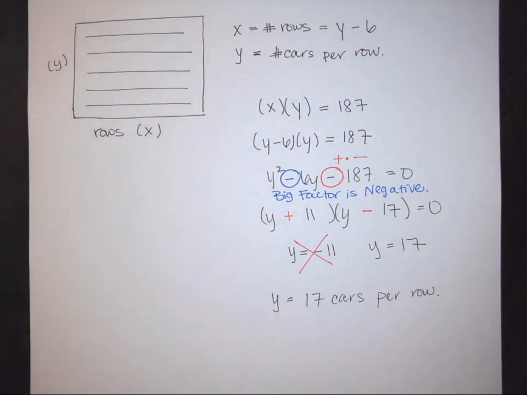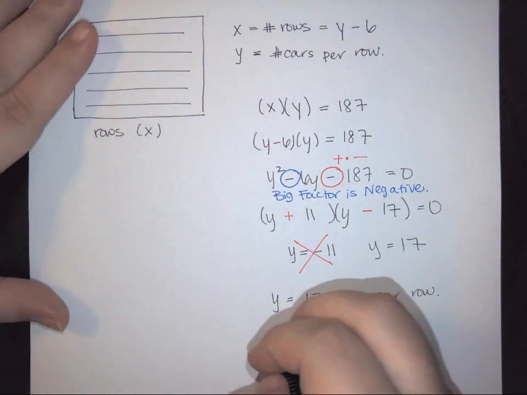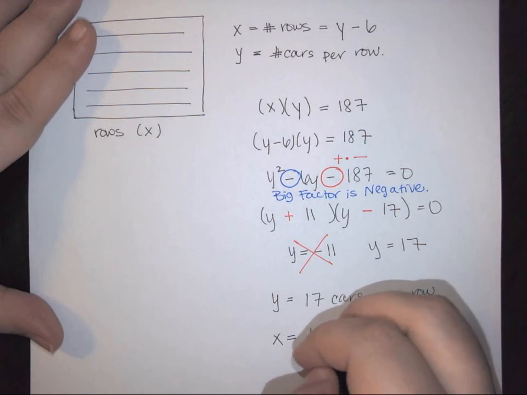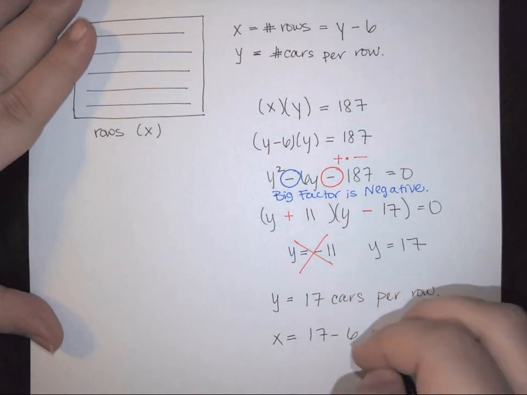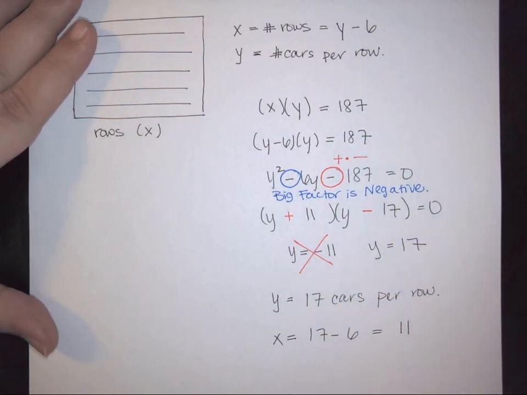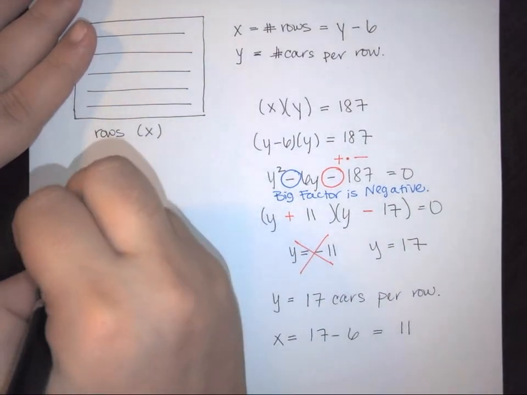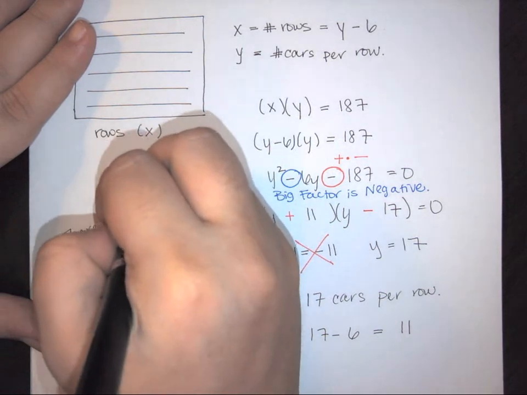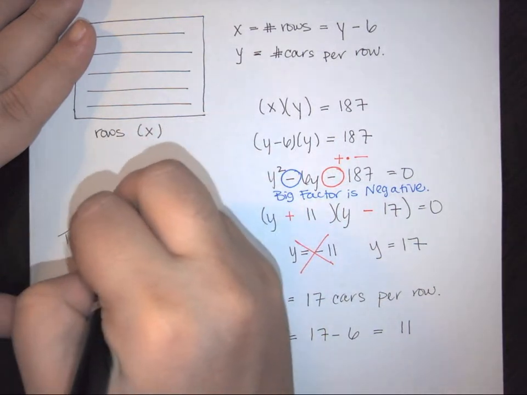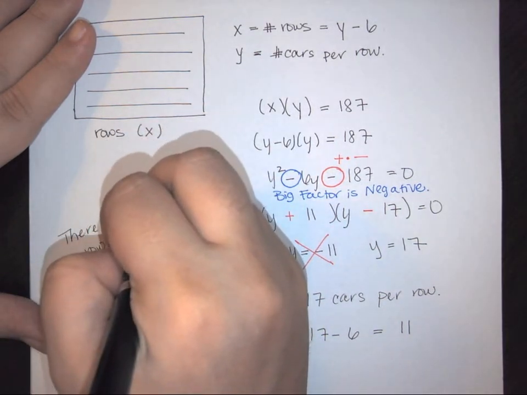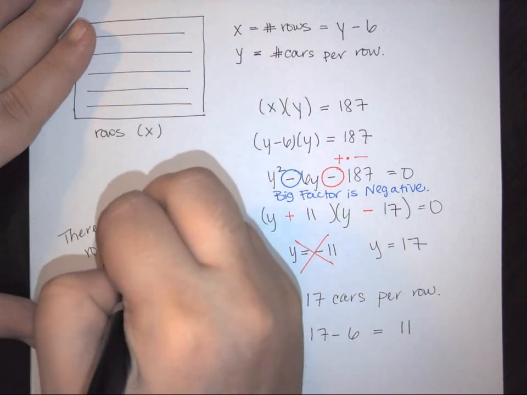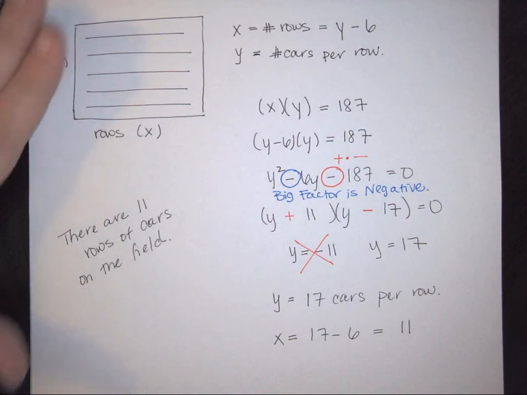So when we're talking about how many rows there are, we have to plug this in. So then here x is going to be 17 minus 6, which gives you 11. So therefore the answer to your problem is that there are 11 rows of cars on the field.